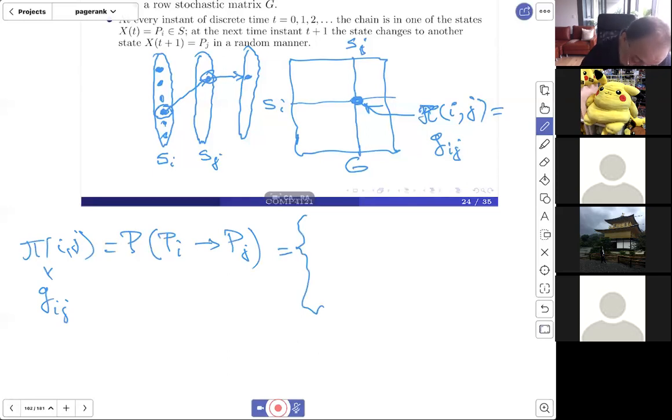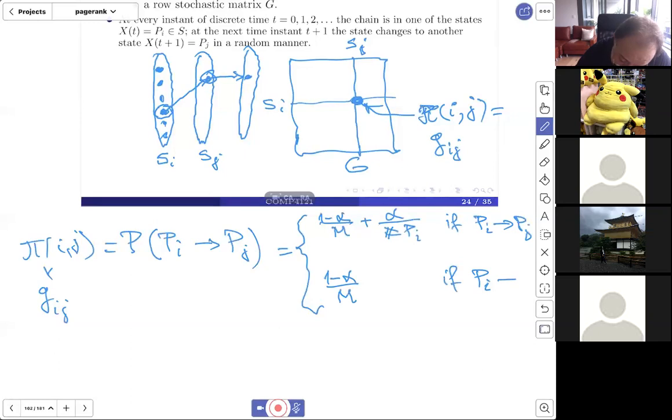First case: the probability is (1 minus alpha) divided by m, plus alpha divided by the number of outgoing links on pi, and this is if page pi points to page pj. And it is equal just to (1 minus alpha) over m if pi doesn't point to pj.